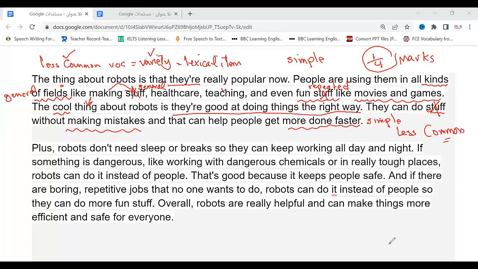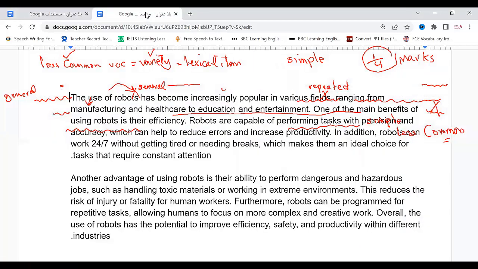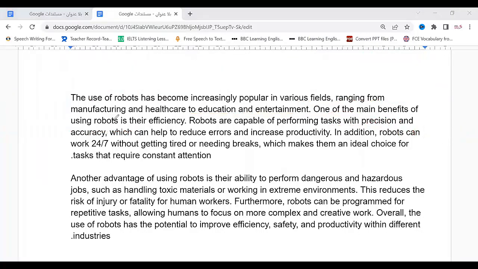Look here at how the student used vocabulary. The student started by saying "the use of robots has become increasingly popular."